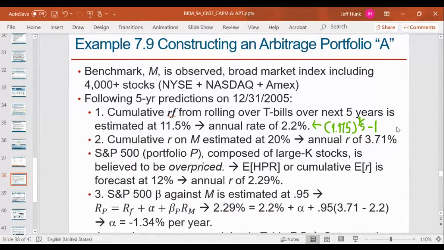And why do they do that? Well, because these data from, like, Value Line, all this is the forecast. They give you a 5-year forecast, and this 5-year forecast is generally based on arithmetic average.